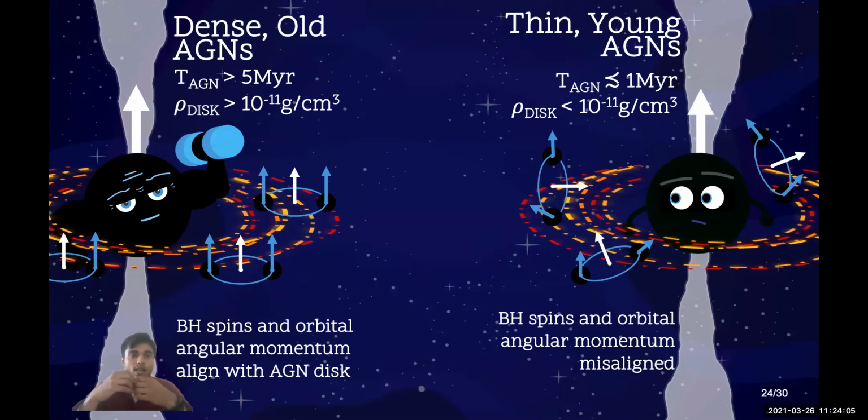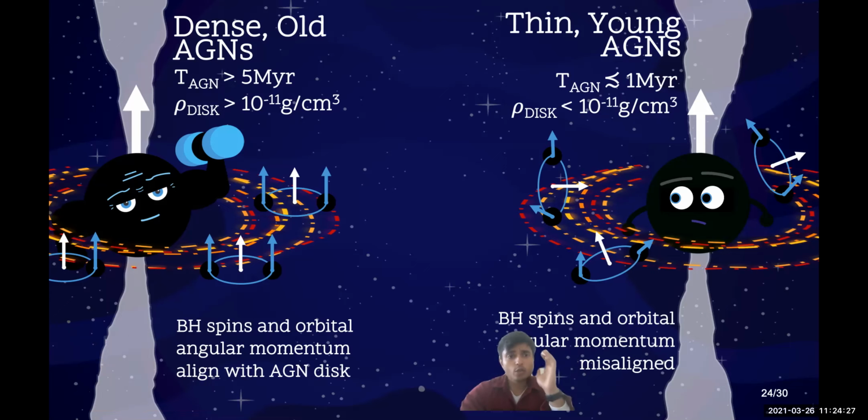And this is essentially because in these older AGNs, firstly, most of the compact objects that were in the sphere get squashed down into the disk by this age. And additionally, the black holes in the disk themselves have a lot of time to get torqued into alignment with the disk.